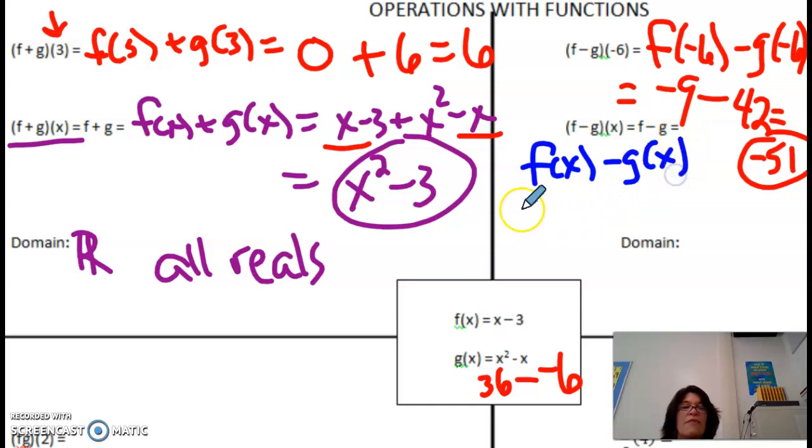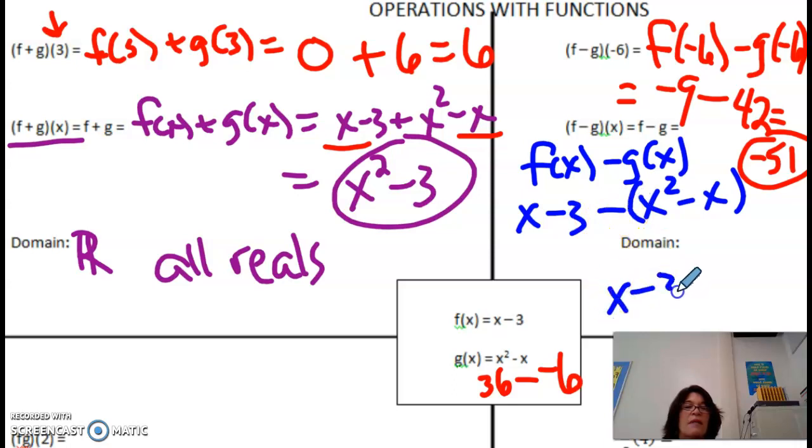I'm going to take the f function and subtract the g function. Just be careful that you don't just write down x minus 3 minus x squared minus x, because now you're not subtracting the whole g function, you're just subtracting x squared. You want to subtract the entire g function. So please be careful writing that.